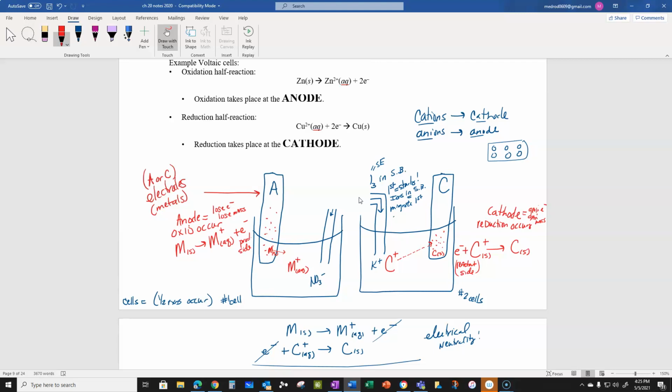But then over time, the other ions will migrate. And which ones am I talking about? I'm talking about these two red ones, the N plus and the C plus. The question is, which one will travel through where? If they're both positive, both cations, who's going to be traveling in? Because not both of them will, only one of them.